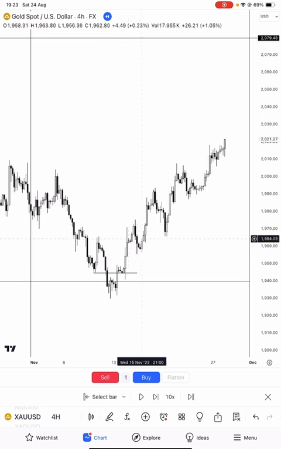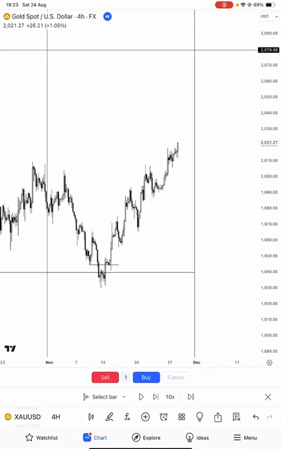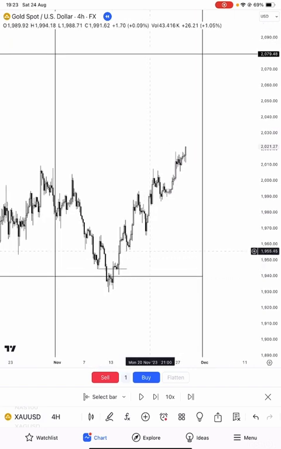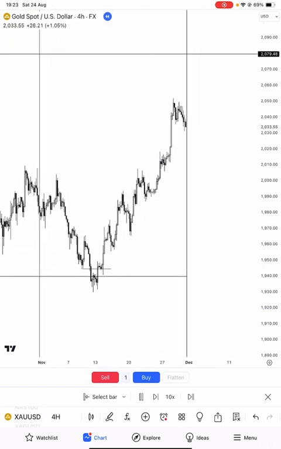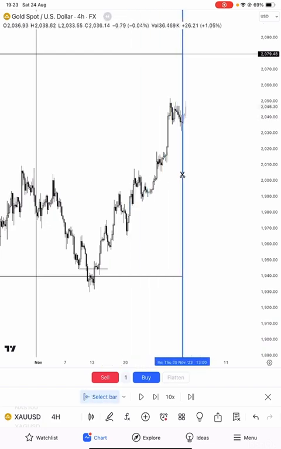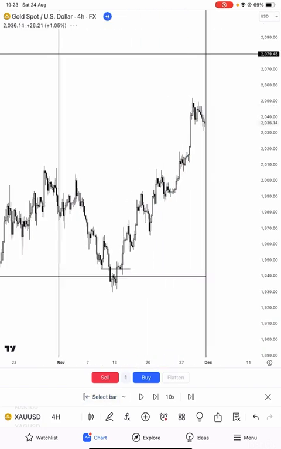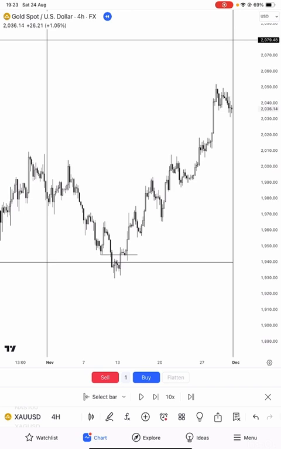Then, obviously you need to be smart, once we close above the high that broke the low and we used the breaker, the 50% of the breaker tapped there to rally higher, and we break above this high too, move the stop to break even, or even to this low.